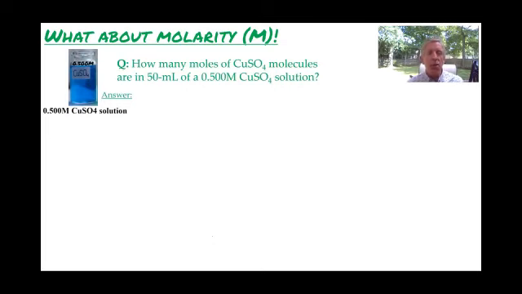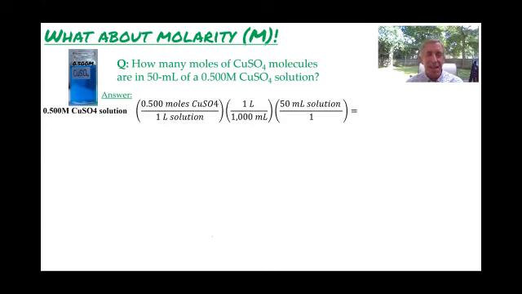So let's play around with it a little more. How many moles of copper sulfate molecules are in 50 milliliters of 0.500 molarity or molar copper sulfate solution? Take a second, pause the video, try this one. Okay, and you're back.